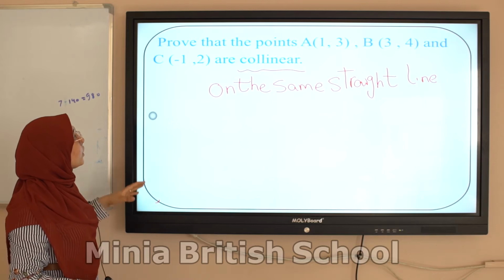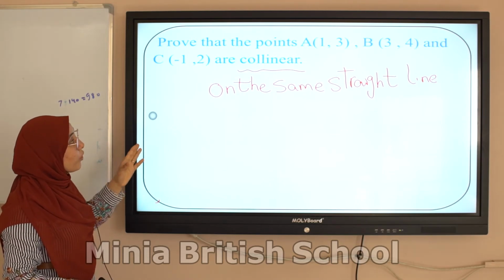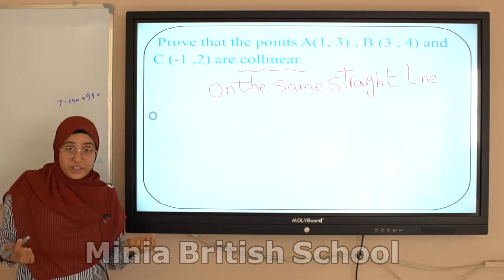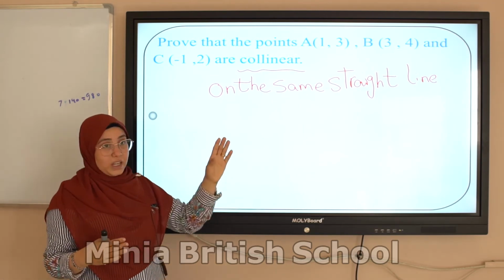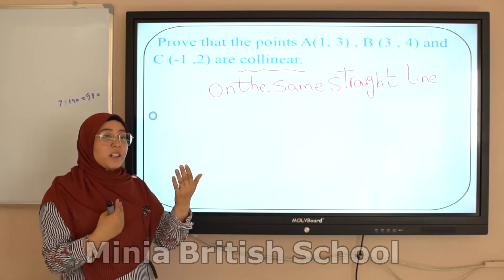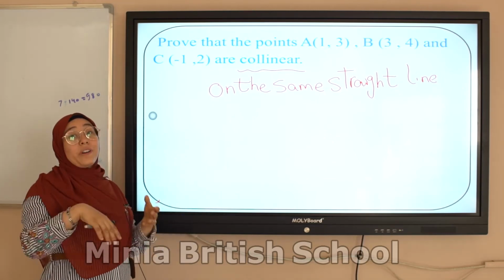Now, to prove that the points A, P, and C are collinear, I mean the line segment AP has the same slope as line segment PC, or AC.